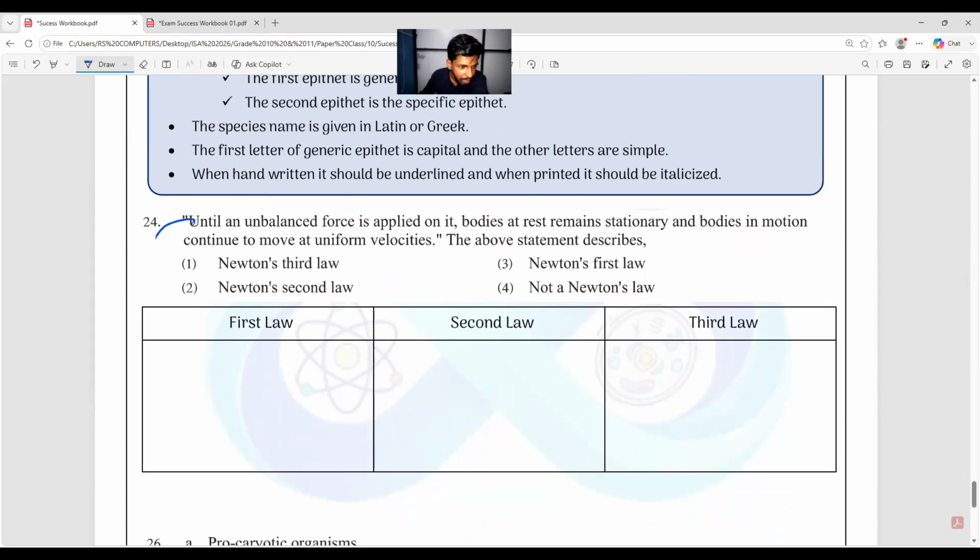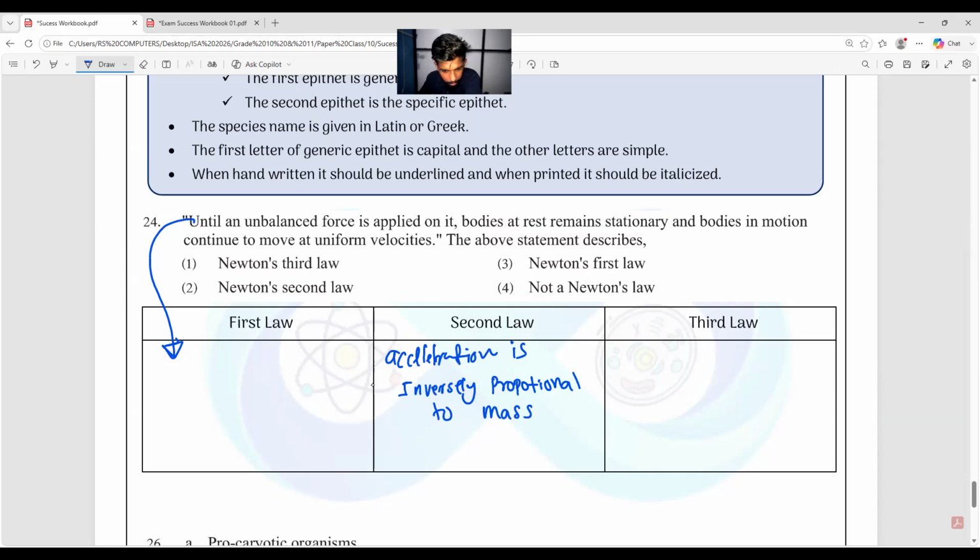For the second law, you can say acceleration is inversely proportional to mass and directly proportional to force.